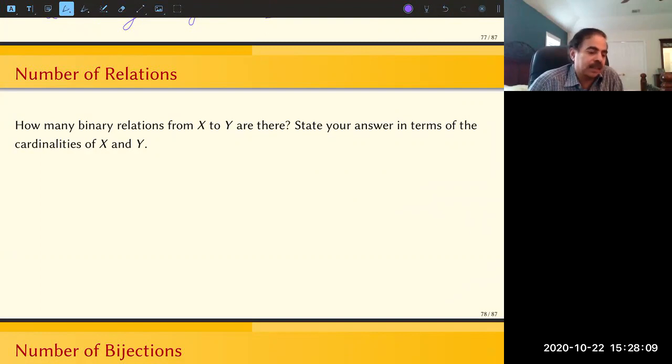Okay, so let's look at a different problem, but this is a problem that you have seen already, right? How many binary relations are there from a set X to set Y?